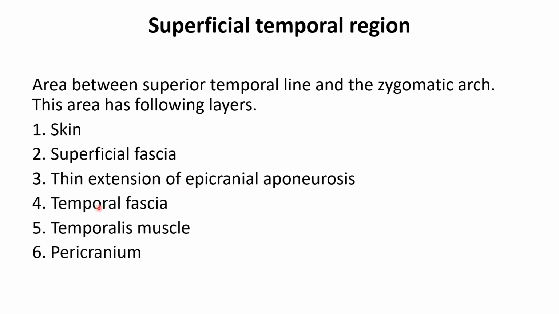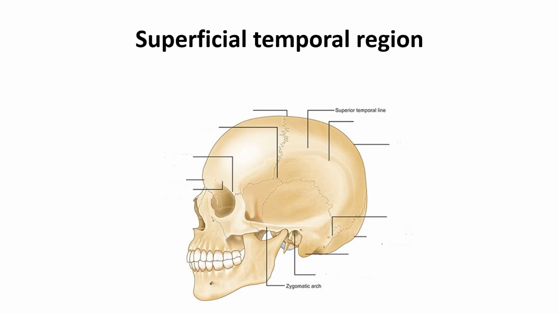Fourth layer, instead of loose areolar tissue in the superficial temporal region, we have the temporal fascia. And the fifth layer is the temporalis muscle. And then we have the pericranium. So the superficial temporal region, what is that region? That is the region which lies between the temporal line and the zygomatic arch. So this is the superior temporal line which limits the scalp, and this is the zygomatic arch.